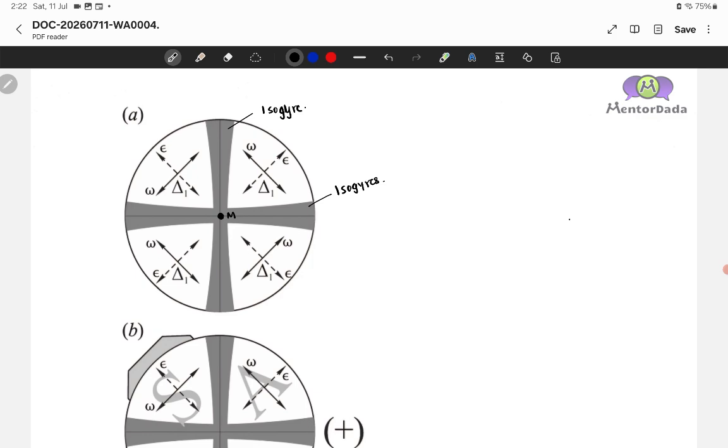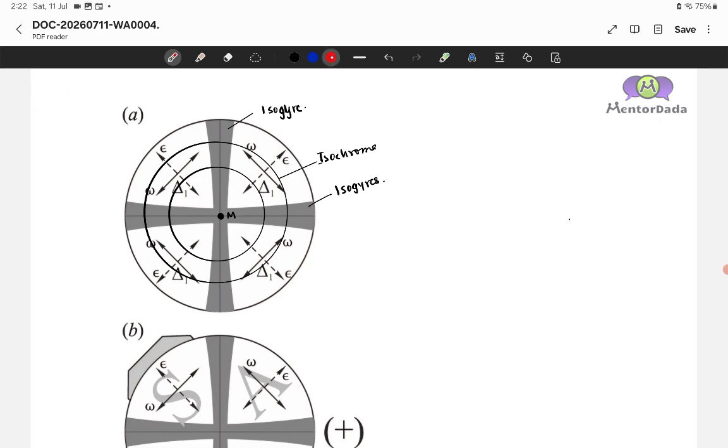You will definitely observe some isochromes in this way. They are actually isochromes. Isochromes contain all the points of equal retardation. Clear?